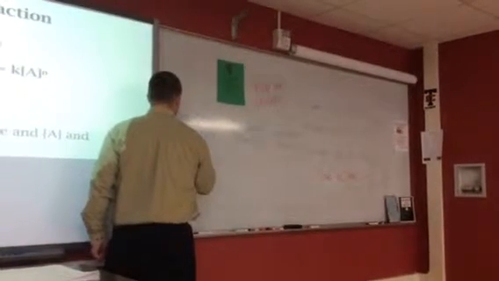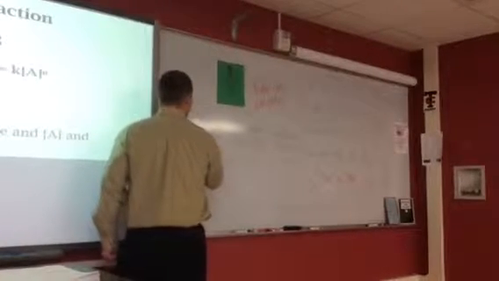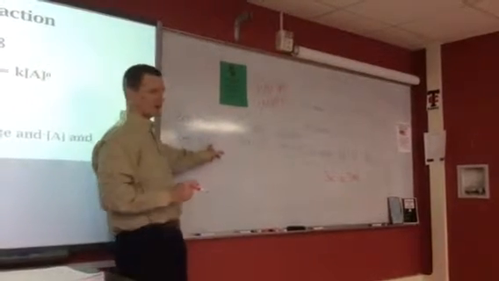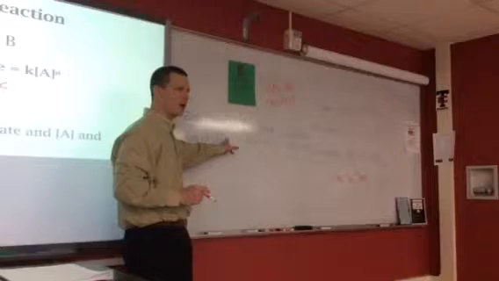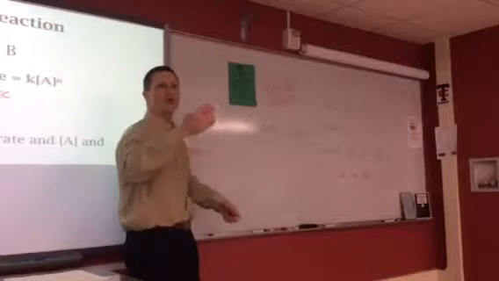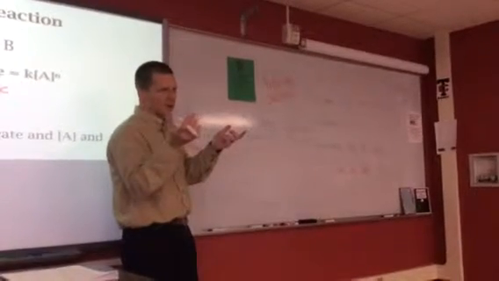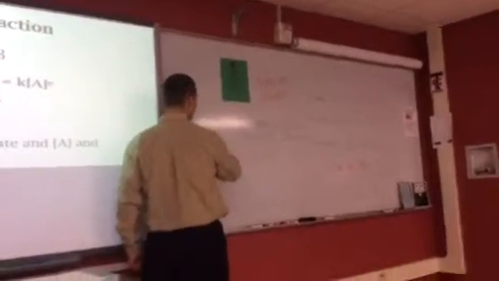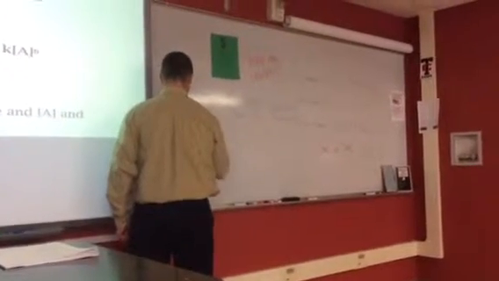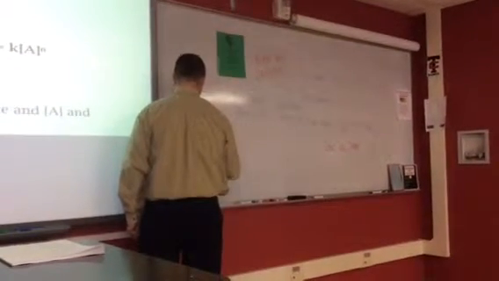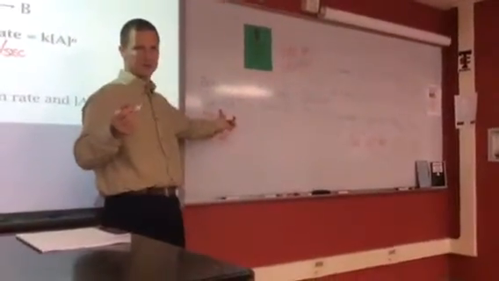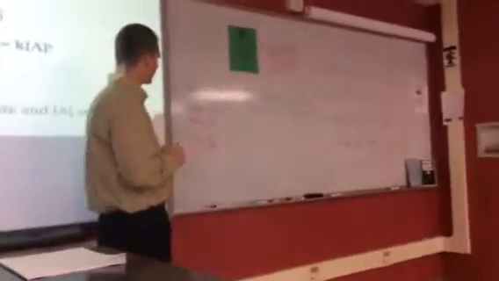The rate is always molarity per second. Now we want to know what the k is, so I'm just going to put k there. A is always a molarity, it's a concentration. Molarity to the 0 power would give you what unit? The number 1, you don't have a unit on it. Anything to the 0 power is just 1. So the unit just goes away when it's 0 order. So the k value for 0 order is just molarity per second, because rate equals k, essentially, for 0 order. It's not affected by the a value.